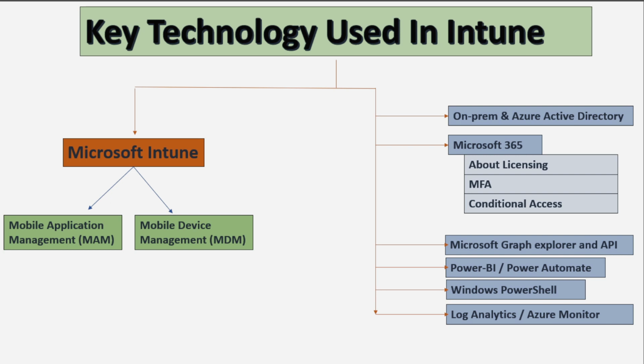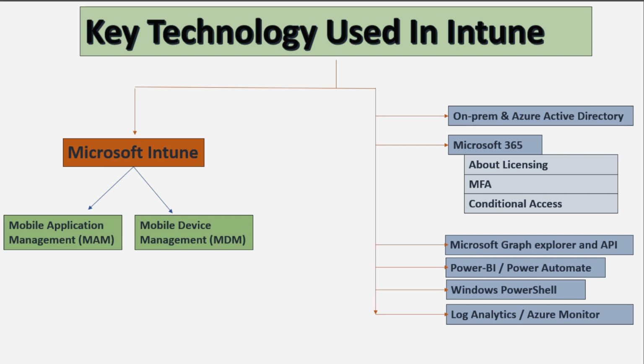Now let's take a look at the key technology used in Intune. Along with preparing for questions especially related to MDM and MAM in Intune, which I will be discussing in detail in the next slide, it's important to have knowledge of other technologies that are directly or indirectly related to Intune. These technologies include on-premises Active Directory as well as Azure Active Directory, Microsoft 365 covering licensing, multi-factor authentication and conditional access.